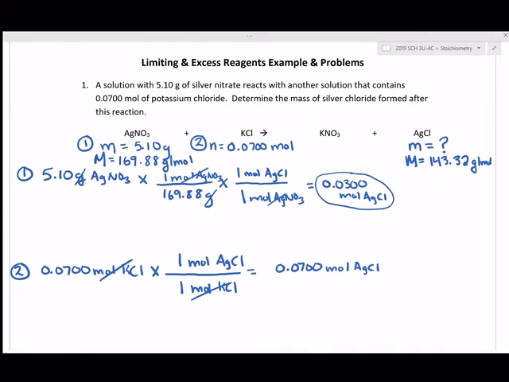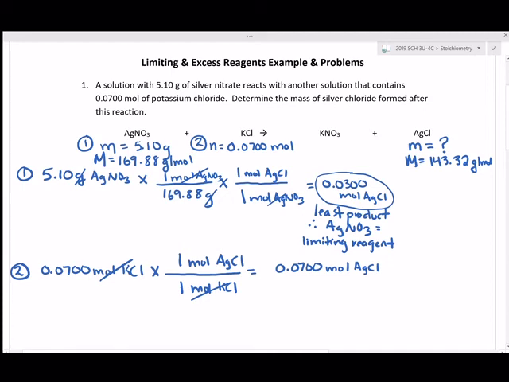But circle it so right away you're like, okay, this is the least amount of product. Okay, so least product. And that tells you that silver nitrate is what we call the limiting reagent, because it's the one that ran out and made us much less product than the other substance.